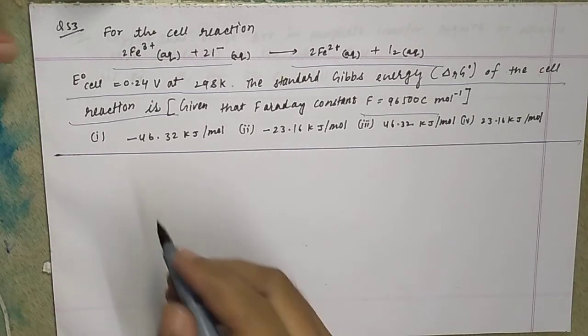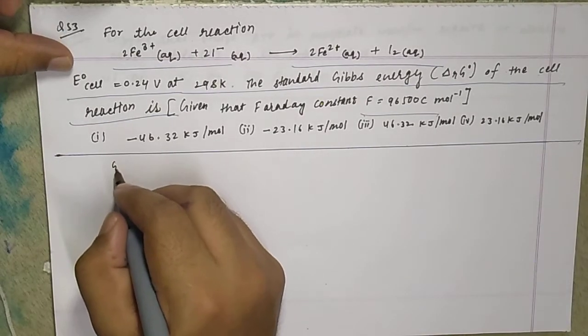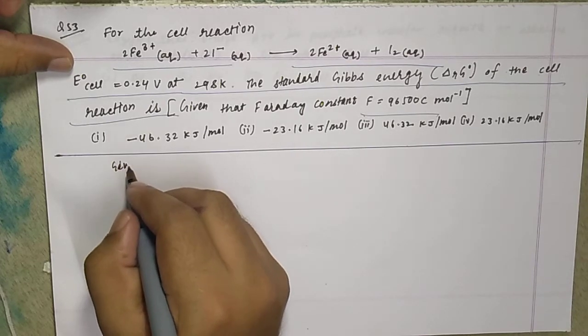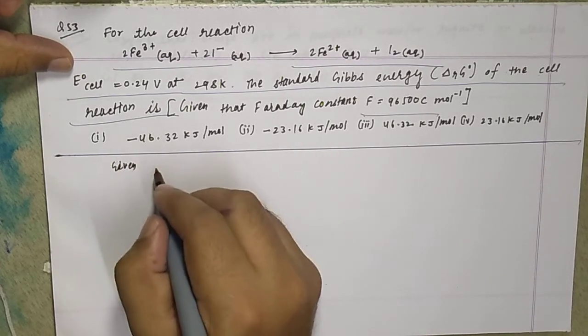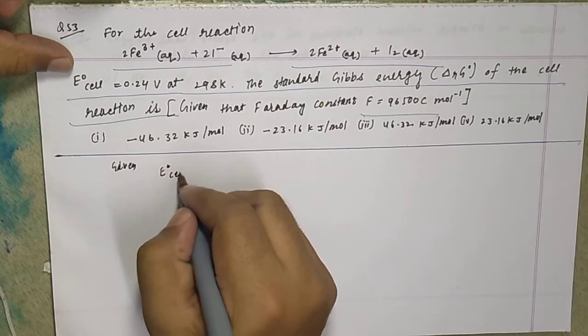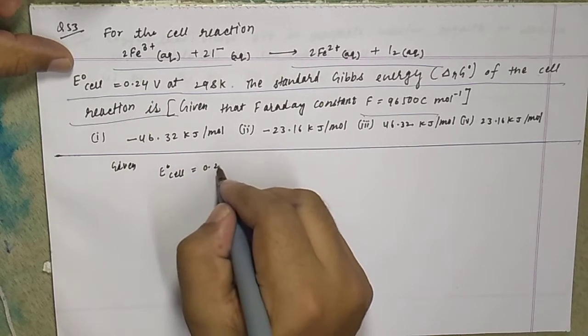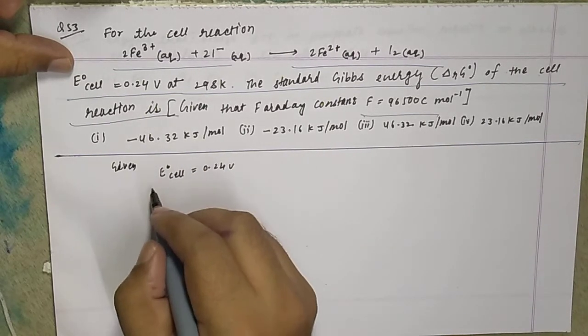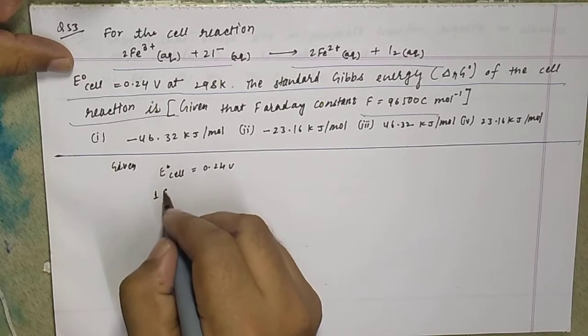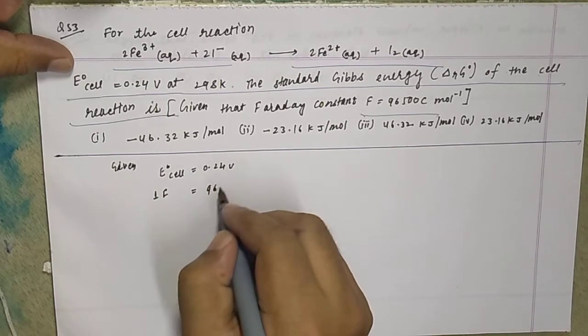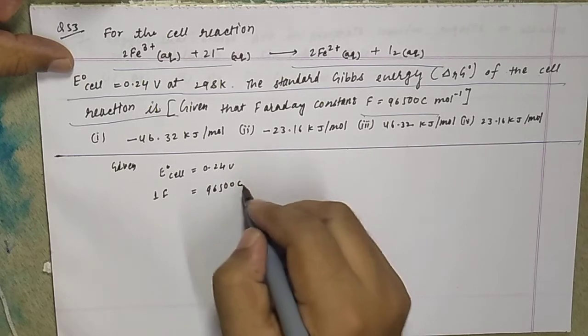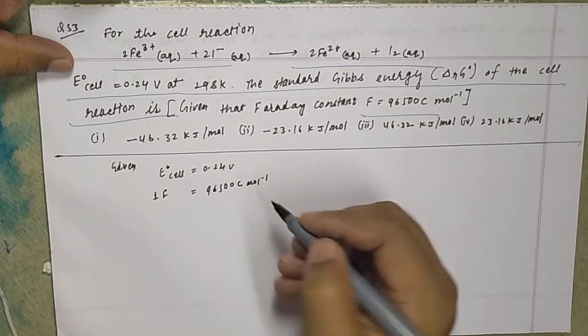So firstly you write what is given: E naught cell is 0.24 volt, and 1 Faraday equals 96,500 coulomb per mole.